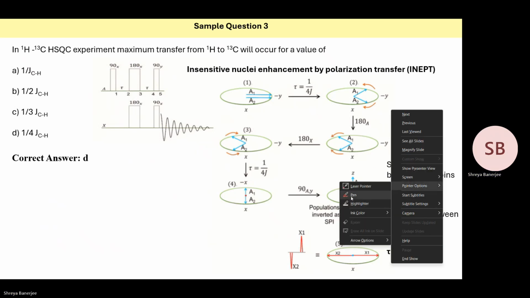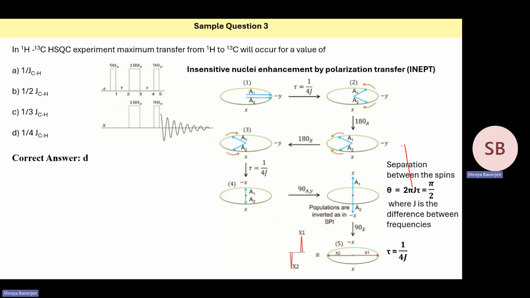So this term is essentially 2 pi J, which is omega 1 minus omega 2, times tau. So this left hand side term is this, and right hand side term is 90, because we have already seen that when it is 90, then this INEPT has the maximum magnetization transfer.